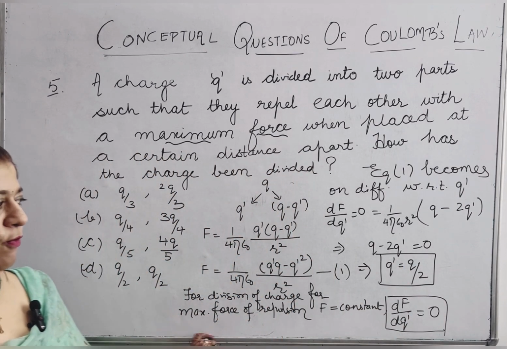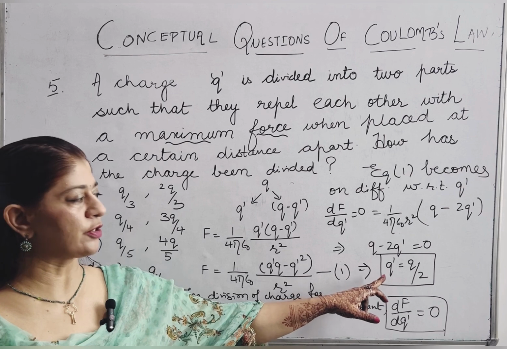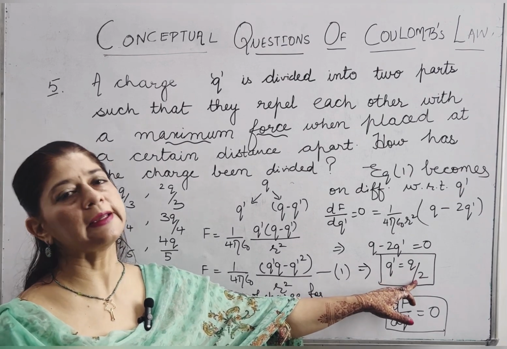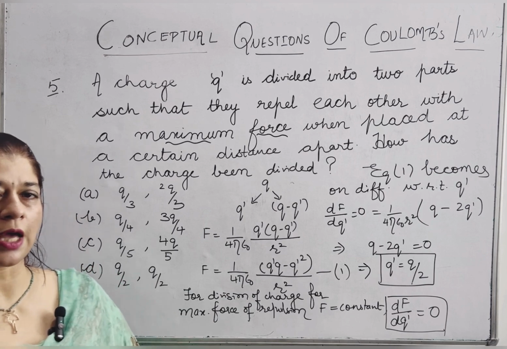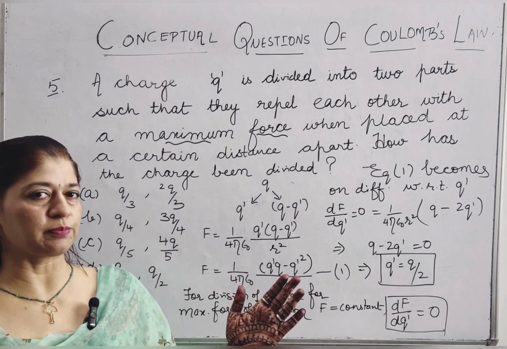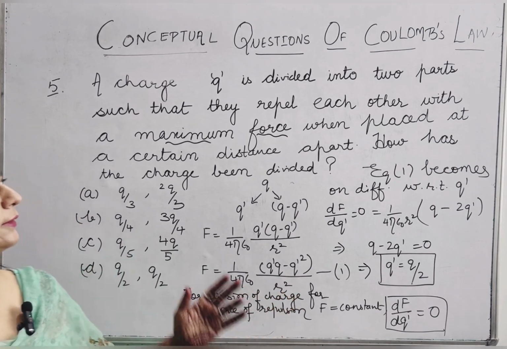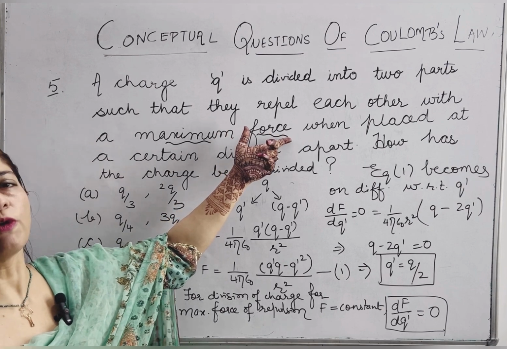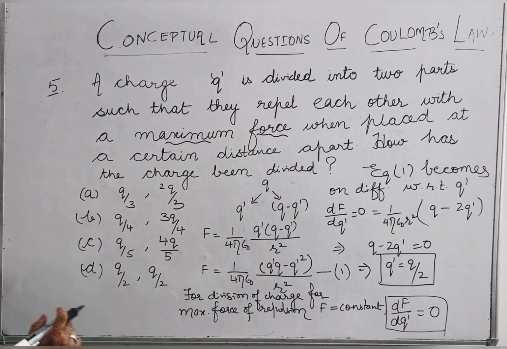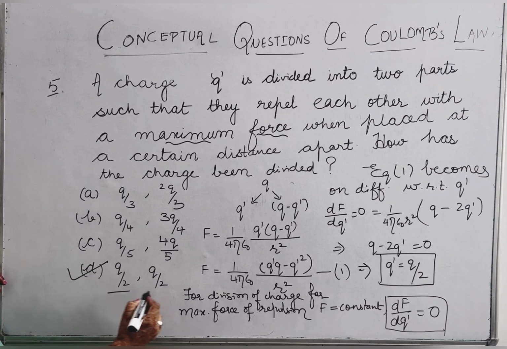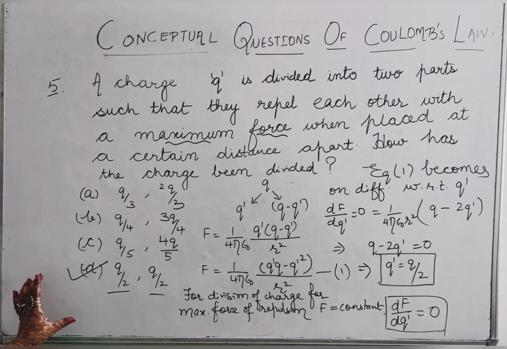So this is how the charge, Q dash is equal to exactly half of the charge. So this is how the division of the charge into equal parts is to be done to get the maximum force of repulsion on dividing them. So our option D, that is the charges must be divided into two equal parts, is the correct one.